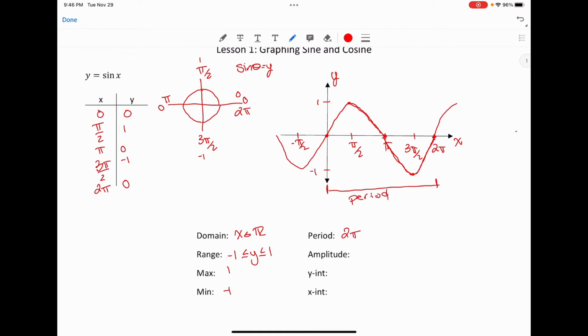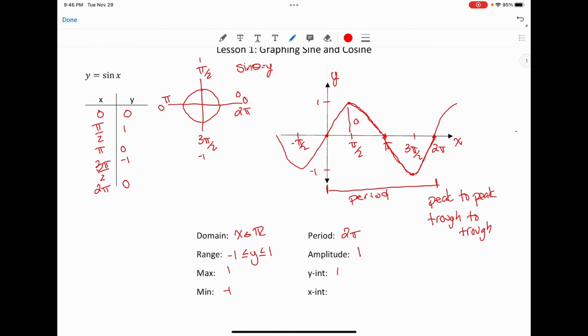We can also measure it from peak to peak, which you'll see in the next one, and trough to trough, which is a common one. So this is always how we measure the period. Amplitude is from the middle of the wave to the top of the wave. So that is here. This is amplitude. It's always positive. So in this case, it is 1.